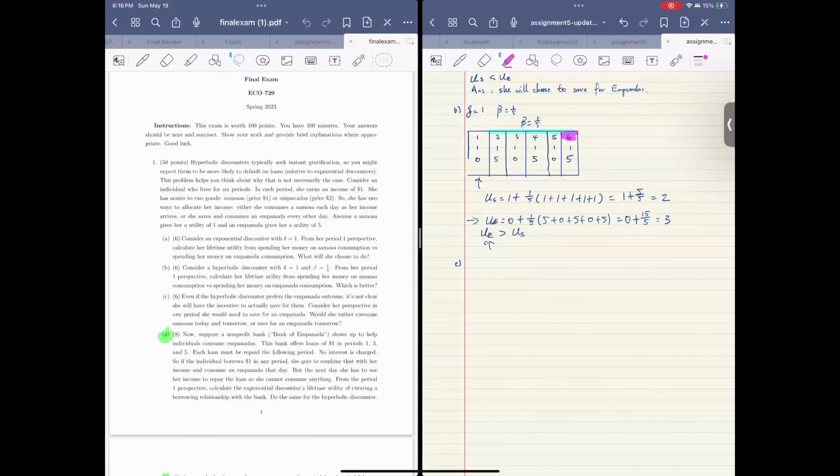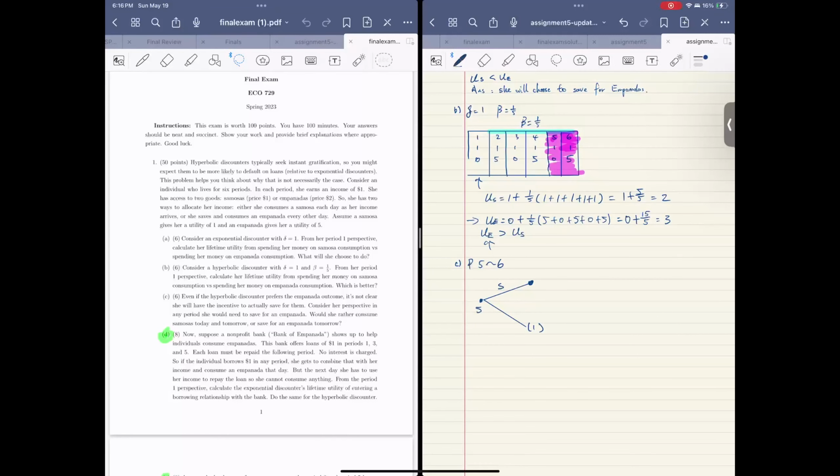So let's use pink. From period 5 to 6, we can draw a decision tree. From period 5, you can either save or eat it up with 1.